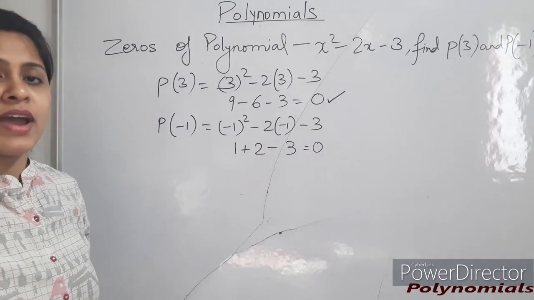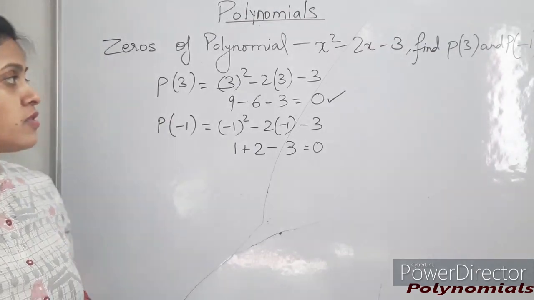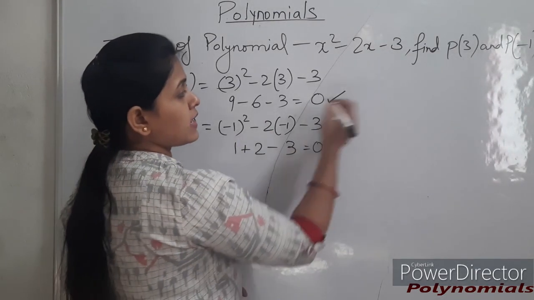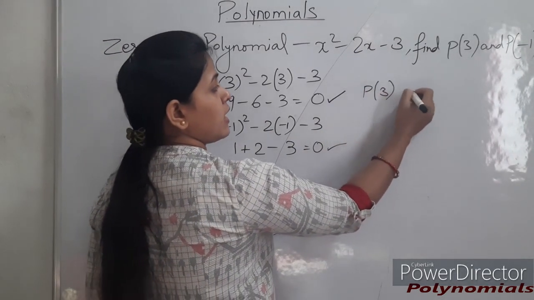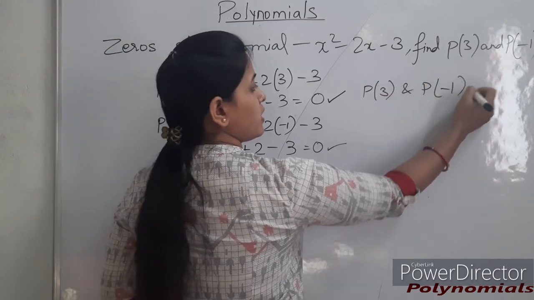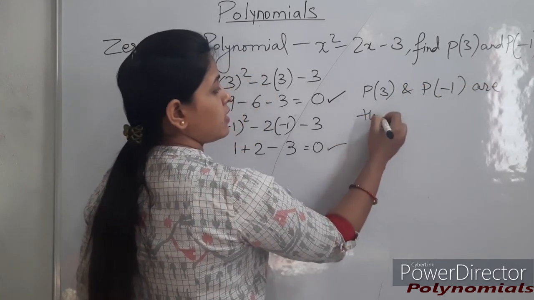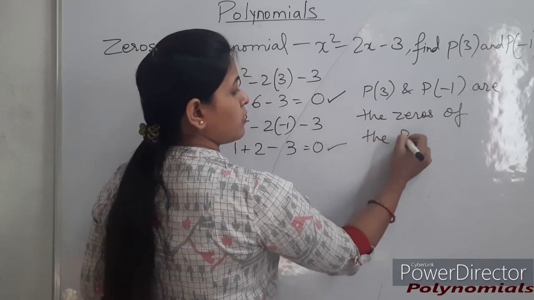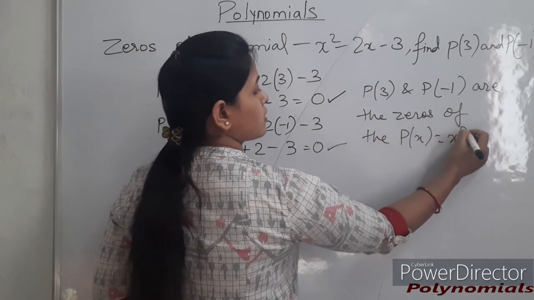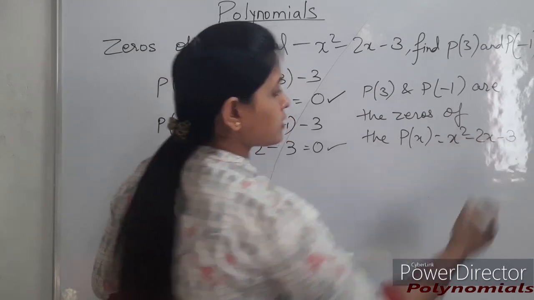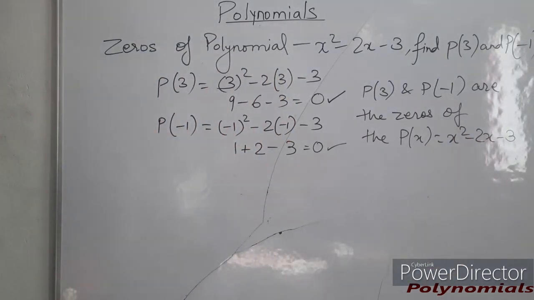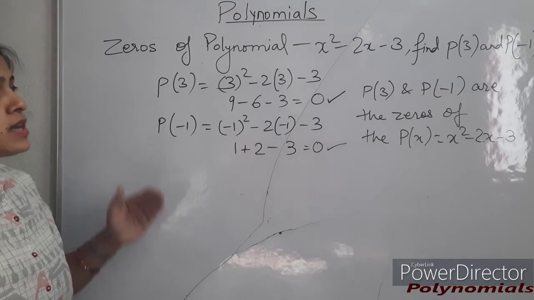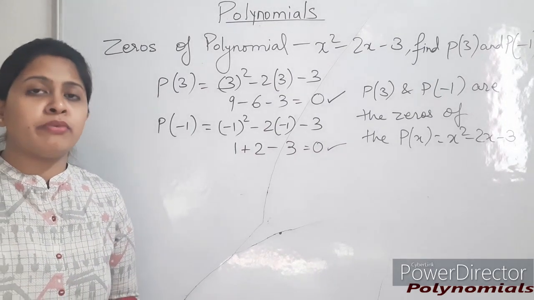Again it is verified that p(minus 1) is a zero of the polynomial. So we can write that p(3) and p(minus 1) are the zeros of the polynomial x square minus 2x minus 3. So this way we find zeros of a polynomial.